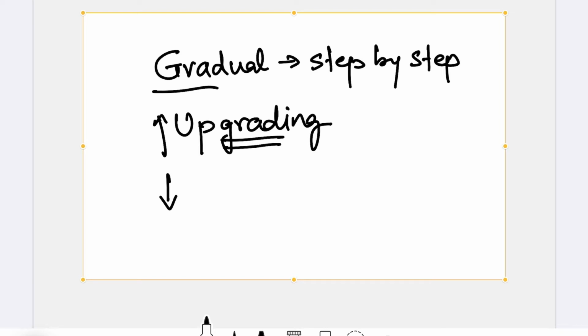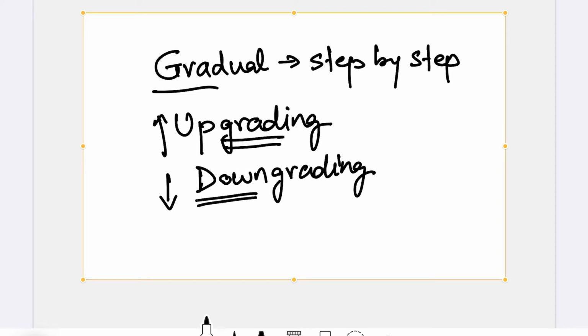That is, the movement becomes negative, it does not become better, you go to a bad position. Then you say we are downgrading. The movement is down, and again you can see the root word grad over here. Your steps are in a downward position. You are sinking. So this is how you use step by step movement.